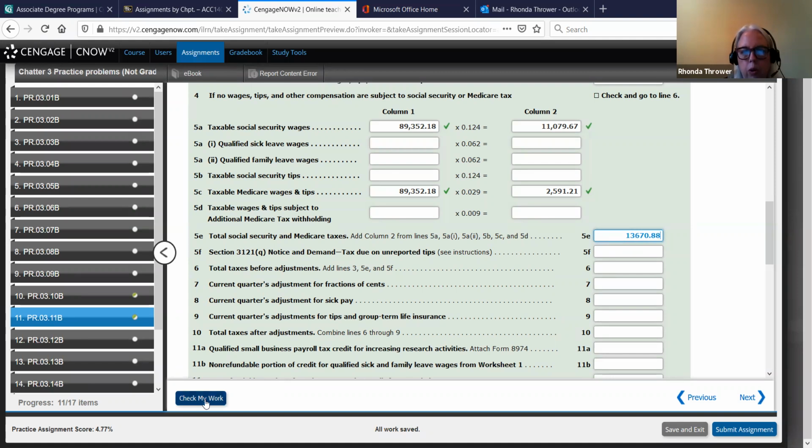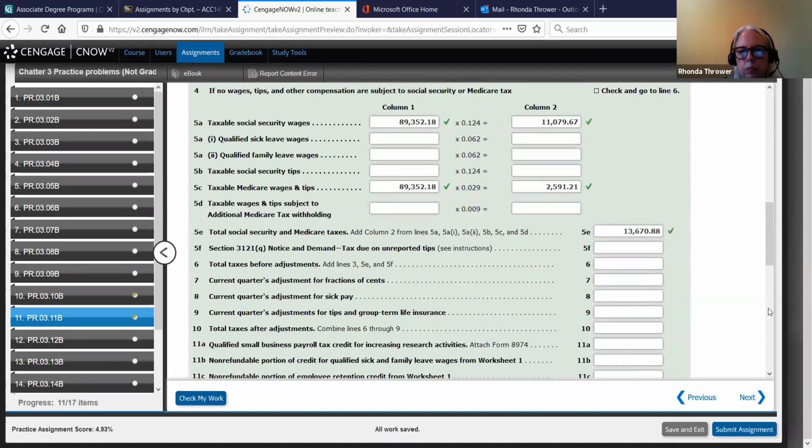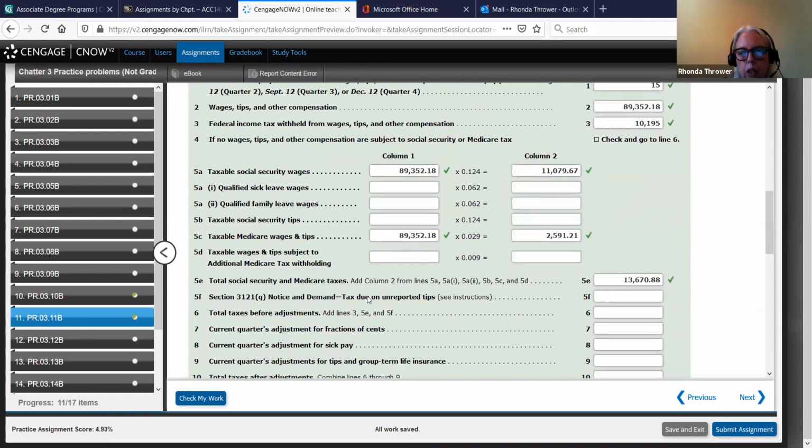I'm going to check my work just to make sure my math is right. And what we did is we added column 2, add these two together, and that will give you this amount here. We don't know anything about section 3121, notice and demand, tax due on unreported tips. We didn't have any taxes at all.